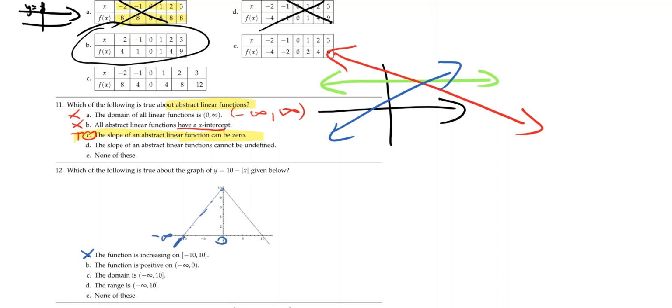Well, notice that there's this portion right here that is negative, so this one is false. The domain is all real numbers, so this one is false. The range is -infinity to 10. Yeah, I noticed that there's no function after 10. So the range starts all the way down here at -infinity, but it stops at 10. So the answer is D.